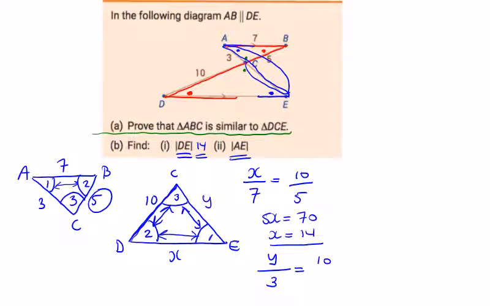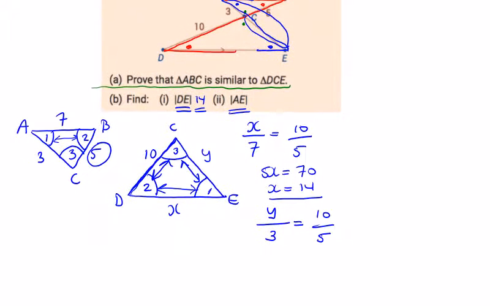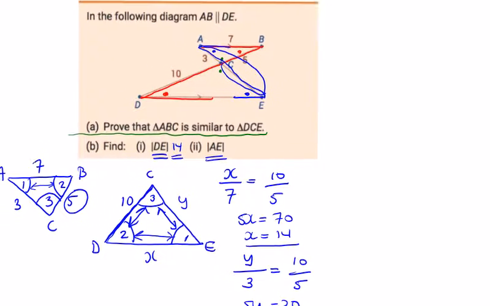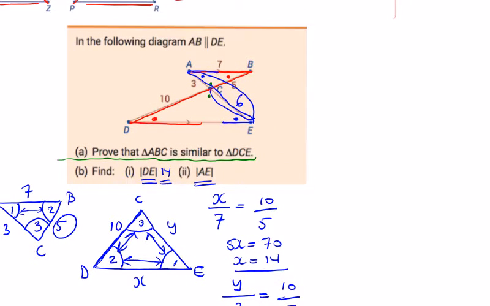I could use the X as well, I'll just use the 10 between angle 2 and 3 over 5. So 5y is equal to 30. So y is equal to 6. So the full length, this becomes 6. So AE becomes 6 plus 3, which is 9.